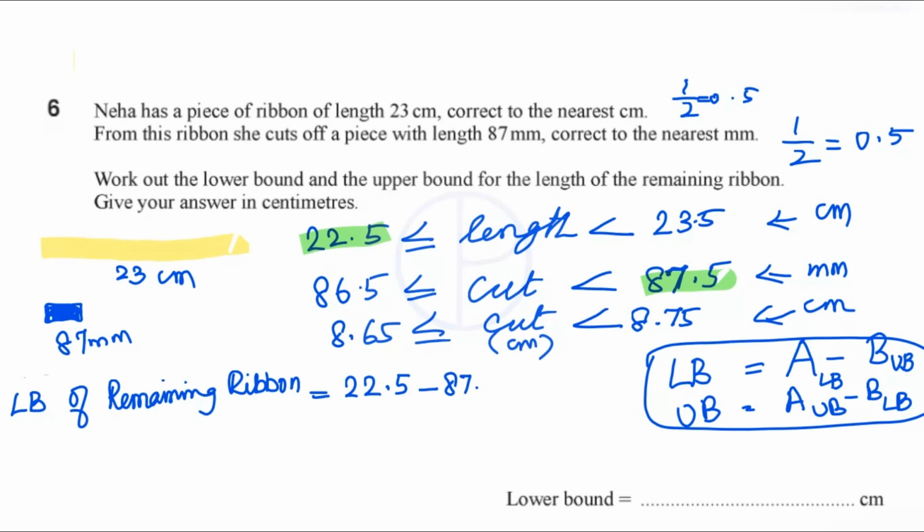Okay, not 87.5, we need to take this 8.75, which is equal to 13.75.